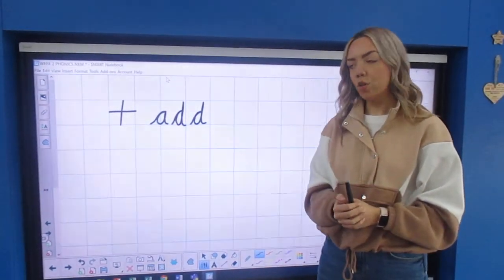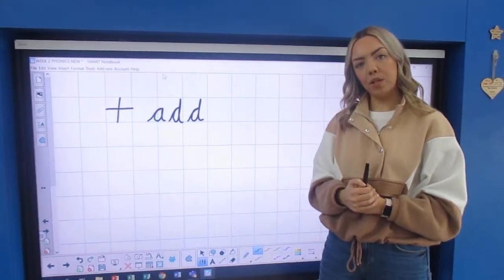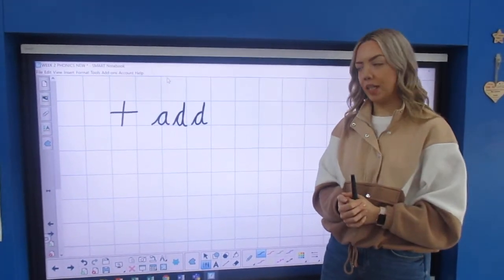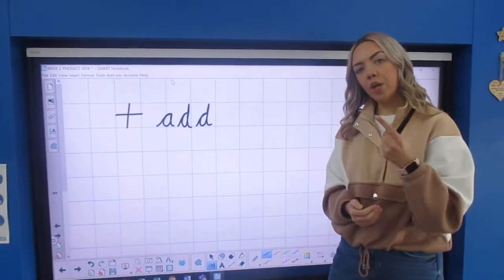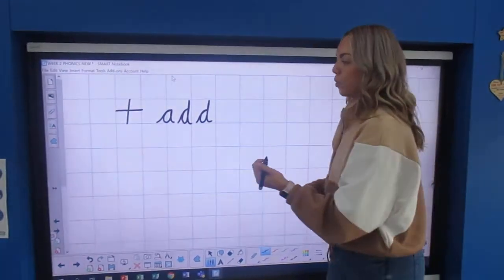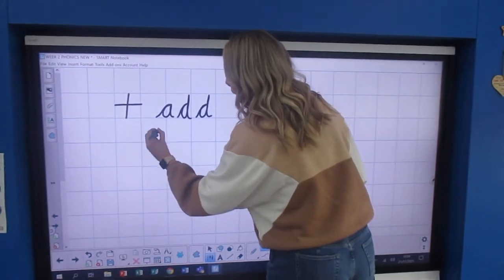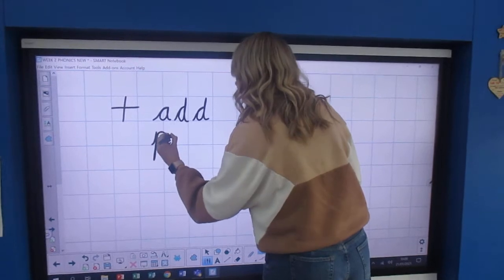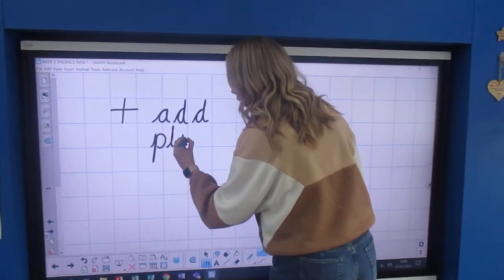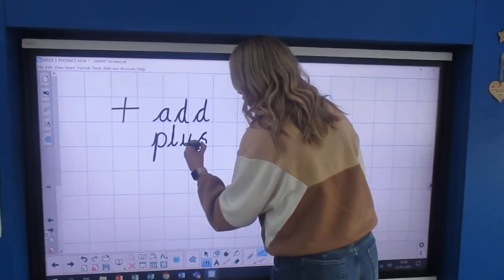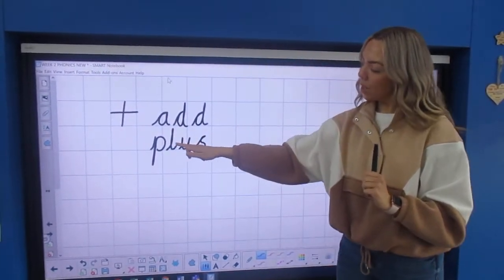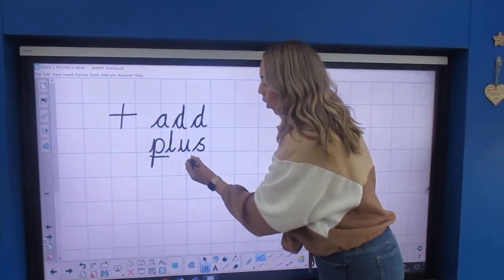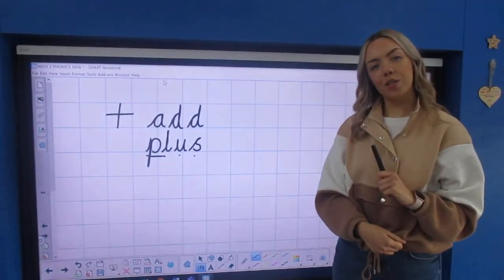So again, underneath or next to your add symbol, like me, you're going to write the word plus this morning, okay? So I'm going to have a go and you do it now on your whiteboard. So thinking about our sounds, P, L, U, S, pl, u, s, plus, okay?